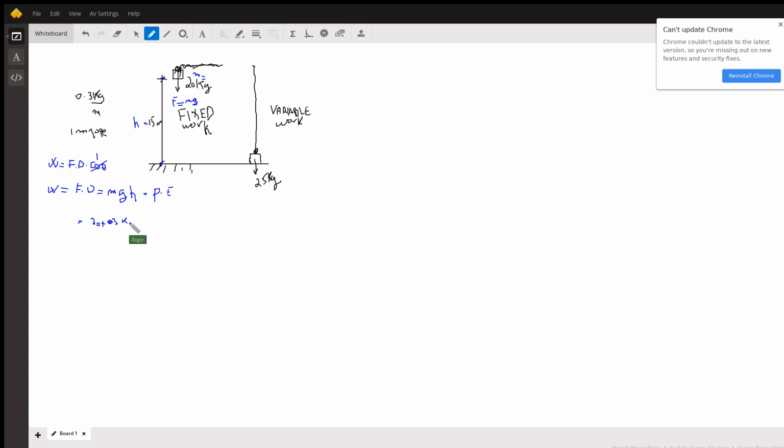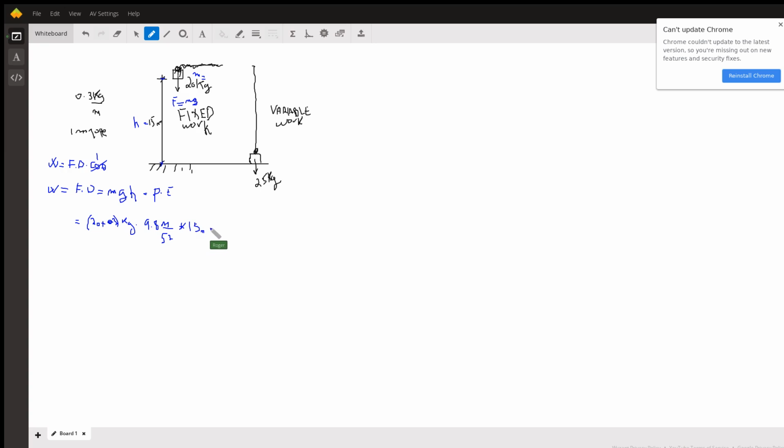That is your mass. We're talking here for the fixed condition, the fixed work, times the gravitational acceleration, which is 9.8 meter per second squared. Some people use 9.81. It doesn't matter. I'm just going to use 9.8 meter per second squared times the height, which is 15 meter.